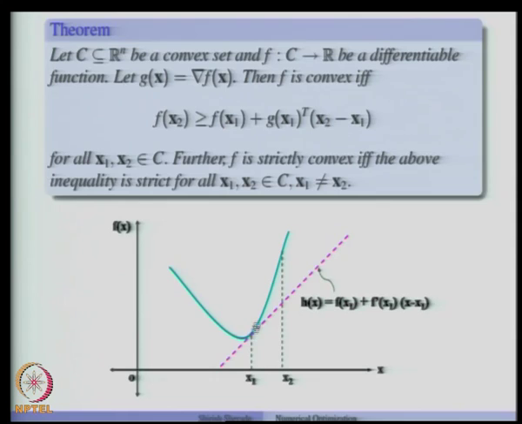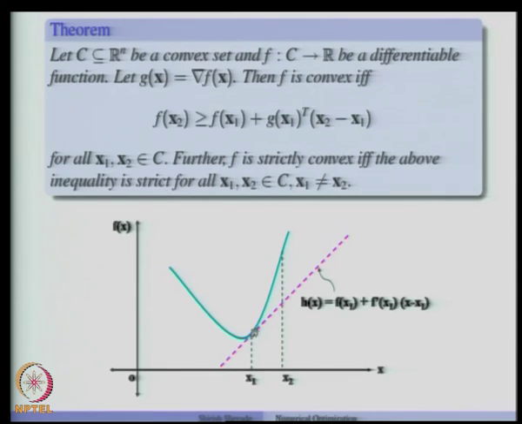Now, if we use this affine approximation and find the value at x2, this is the value of the function at x2. So, f(x2) is always greater than or equal to the corresponding value on this affine approximation at this point x2. Okay. So, in other words, the affine approximation of a convex function does not overestimate the function.